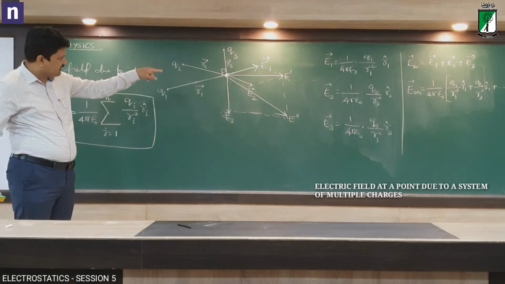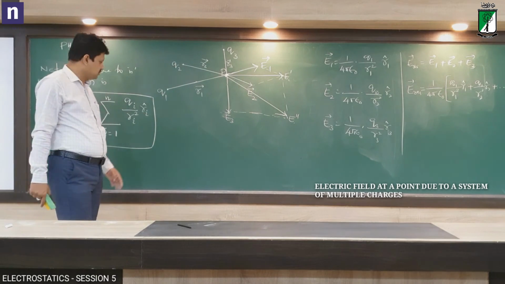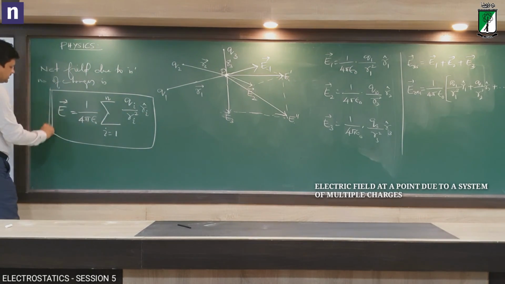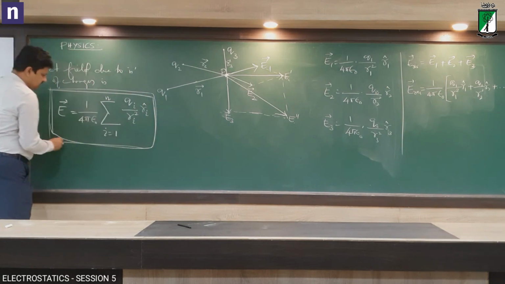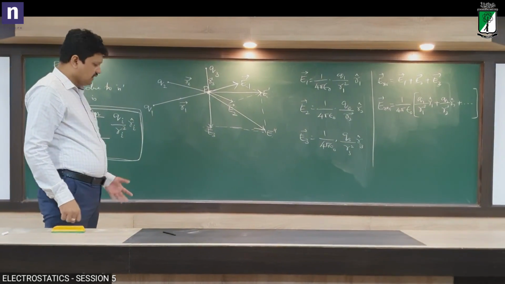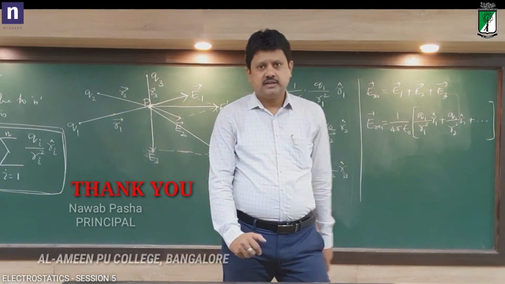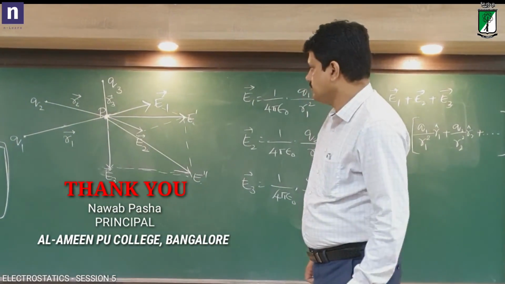But here it is the field at a point due to all the charges, so n number of charges. Therefore you get this equation. This is the electric field at a point due to n number of charges, and the direction is according to the resultant, of course. So that's about electric field. Thank you.